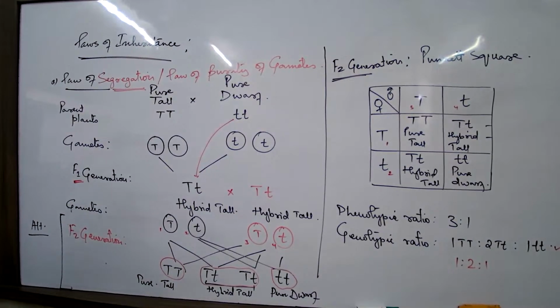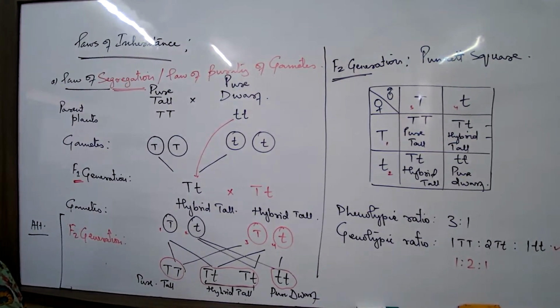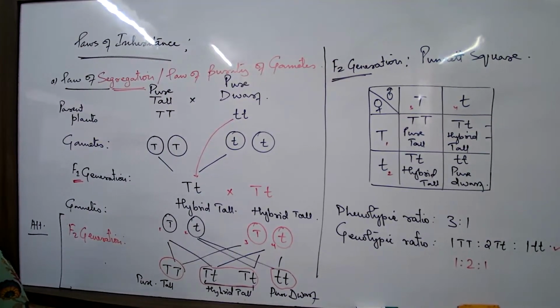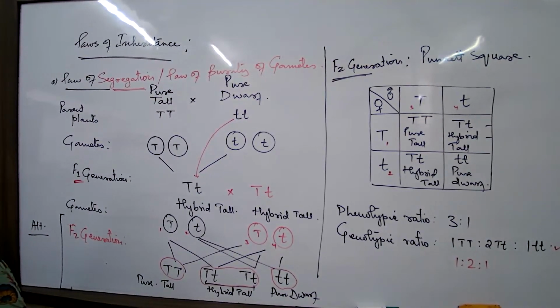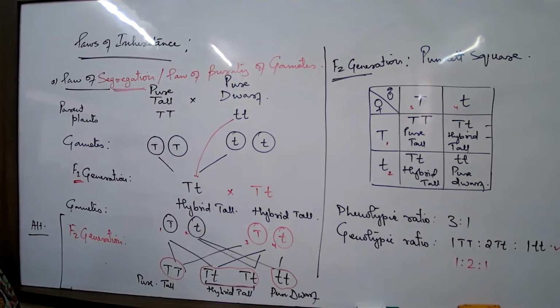Let us try one. What is the first question? Which trait is dominant out of round and wrinkled? Round. Reason, what will you write? Very clear, you have to write a reason.